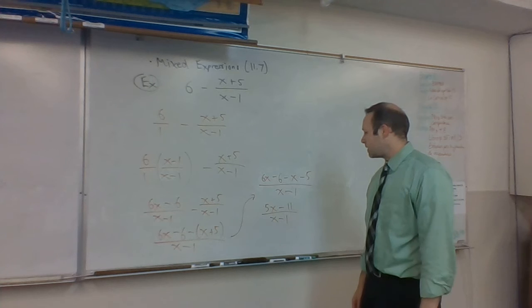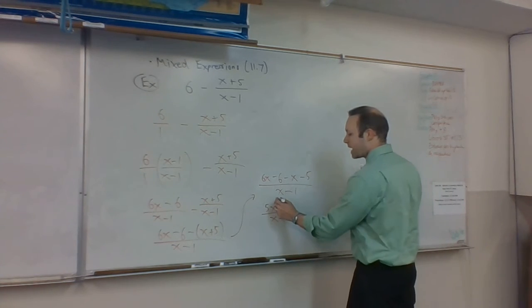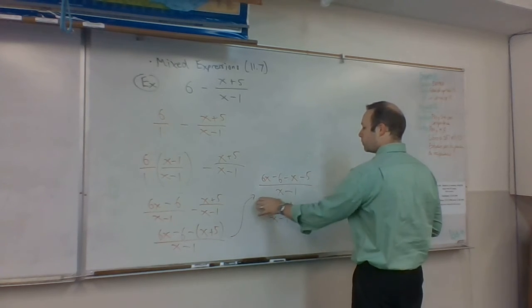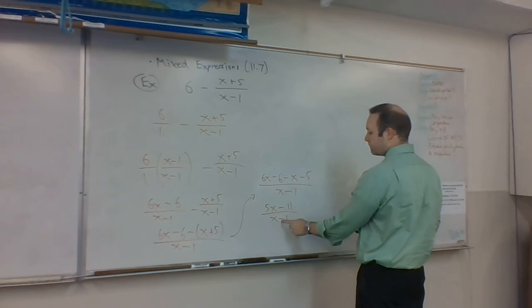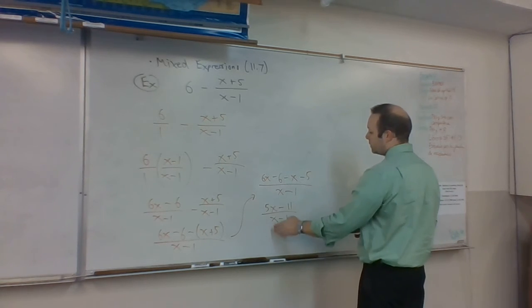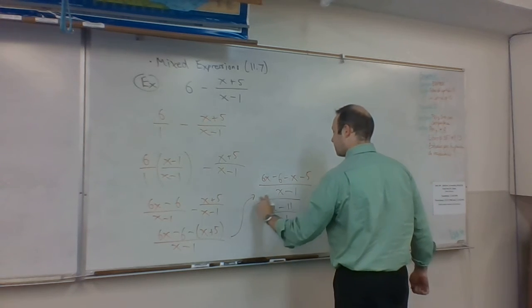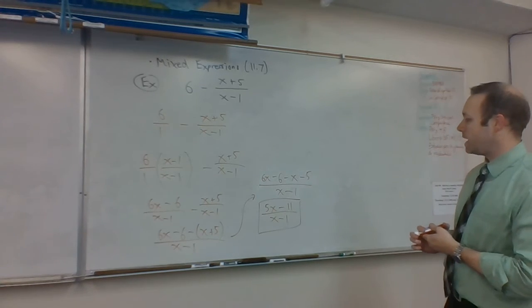No, they don't have any common factors. Also be careful, don't be tempted to do, oh, well, x over x, those cancel, because this is not pure multiplication of factors. We have subtraction there, minus 11. We have subtraction here, minus 1. So we're not allowed to do that canceling. So this is as far as we can go. 5x minus 11 over x minus 1.